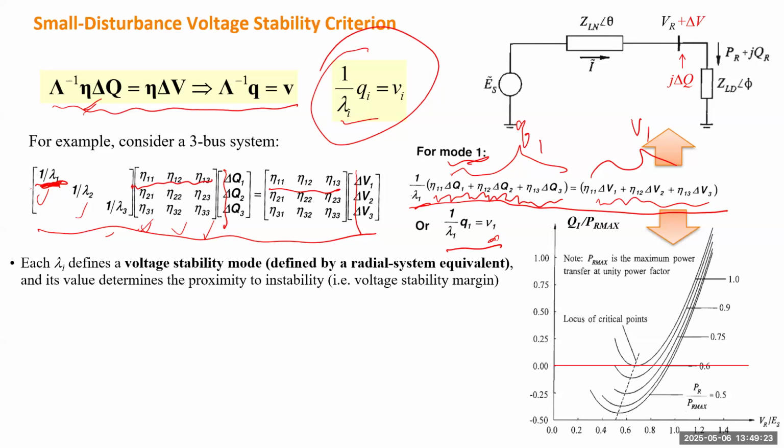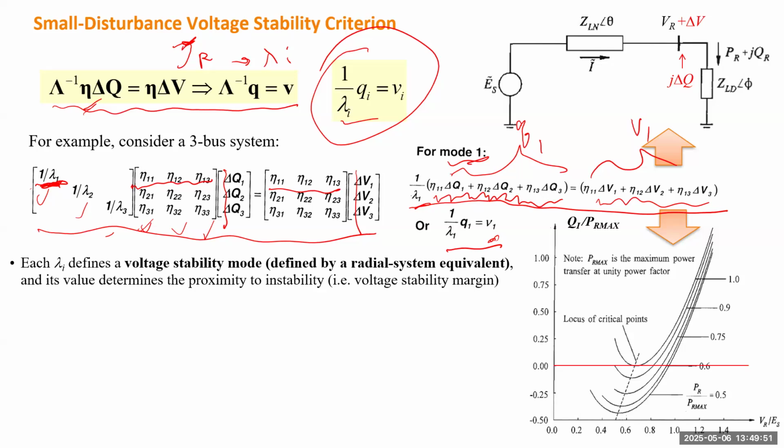All right, so we can summarize the conclusion from modal analysis. If you linearize the power flow equation and you get JR, then from JR you get all the eigenvalues. Each eigenvalue, lambda i here, defines a voltage stability mode.